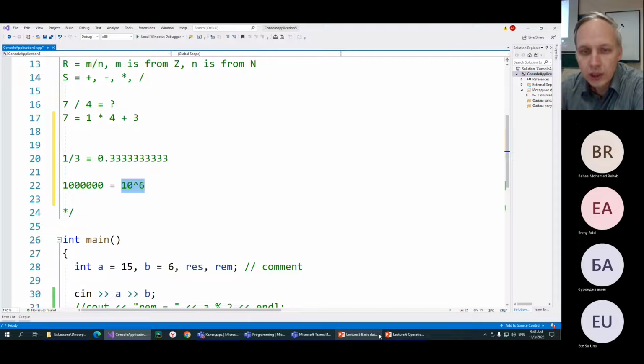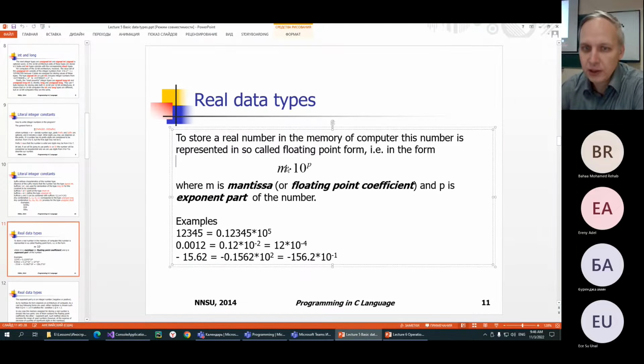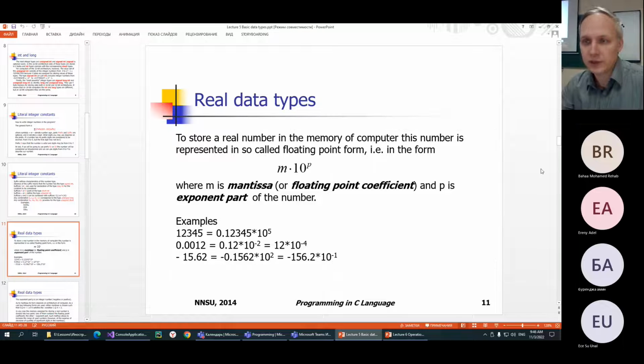And in computer arithmetic, we use a combined notation that is called scientific notation, the scientific form of real numbers. Any real number is represented in the following form: m times 10 power p.